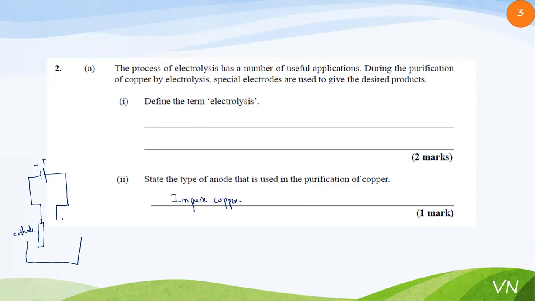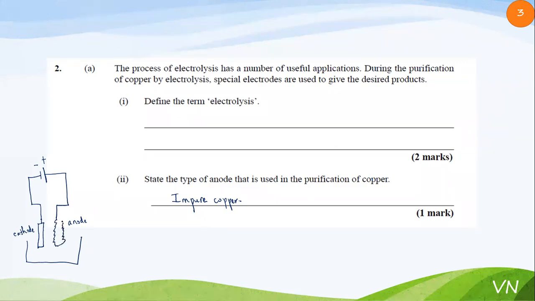Now, can you recall what happened at the anode during electrolysis when we use active electrode? What did I tell you is going to happen to the anode during electrolysis whenever we're using an active electrode? Good. So I see some persons already saying that it is going to dissolve.